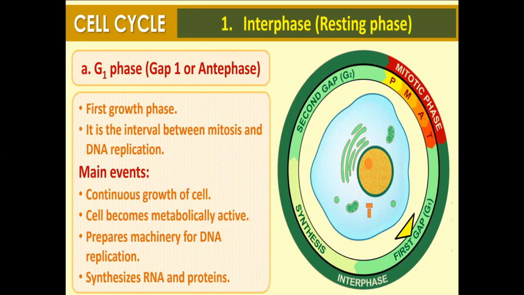It prepares machinery for DNA replication and synthesis of RNA and protein. So you just write synthesis of RNA and protein during G1.